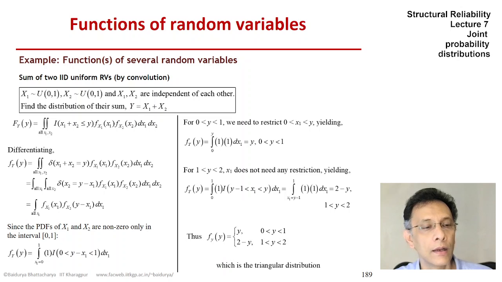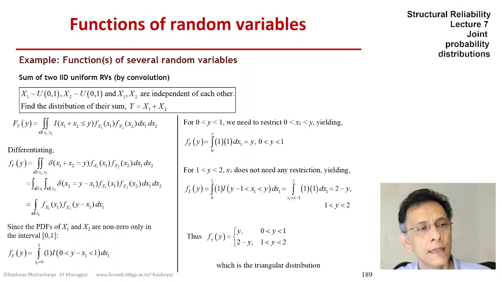So putting these two things together, it's clear that the sum of two independent standard uniforms is the triangular random variable. So its density function is a triangle symmetric about the point 1.